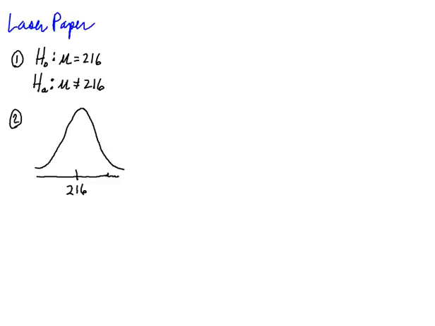The standard error, we have the population standard deviation, so we will calculate this as 0.023 over the square root of our sample size of 50, and we get 0.00325.